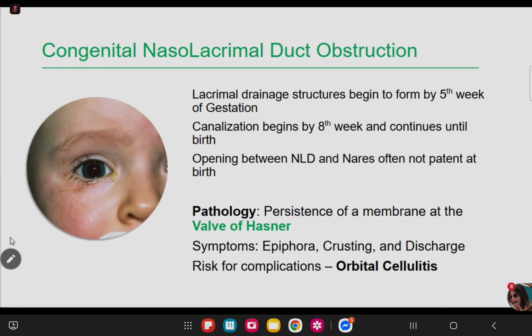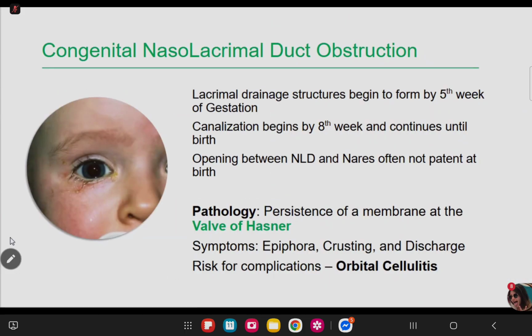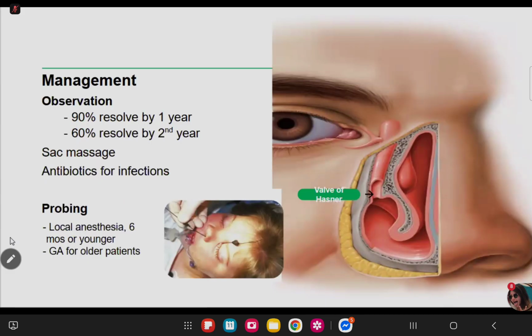So we have to identify the cause. Since your children are still developing, as mentioned here, canalization begins by 8 weeks and continues until birth. So we expect every child to have an immature nasolacrimal duct before the first year.